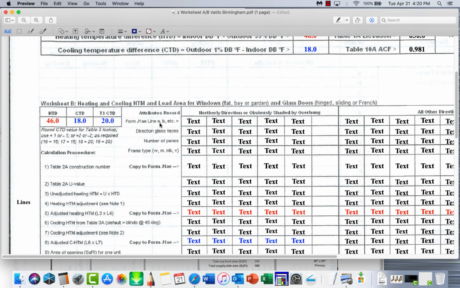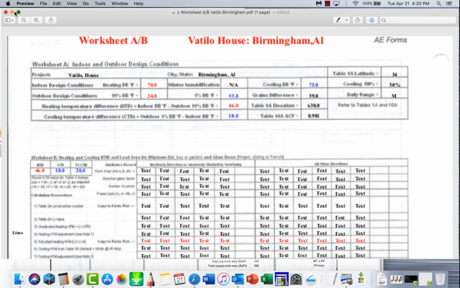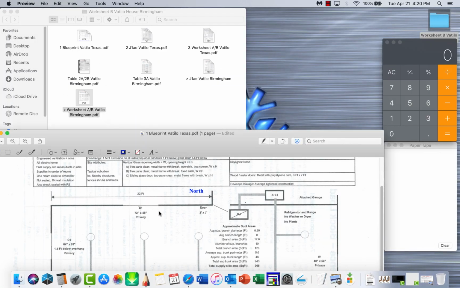All right, so now let's look at our construction number, from the J1, line A, B, C, all that. So this first part here, they just gave it a letter name for each window, like window A. Now this is where it's kind of confusing, because with window A, don't get confused when you go back and look at your blueprint and go, well, that's a B, that's B1 window.